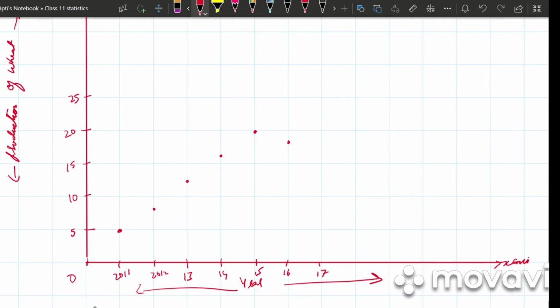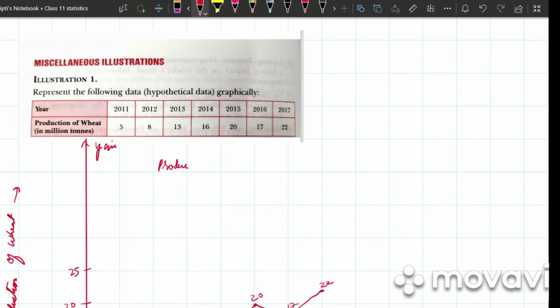And 17 it is 22. Join the lines. It is 5, 8, 13, 16, 20, 17 and 22. Clear? What is the heading? Production of wheat 2011 to 2017. In bracket, million tons.